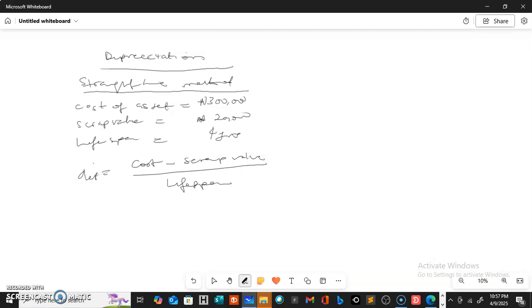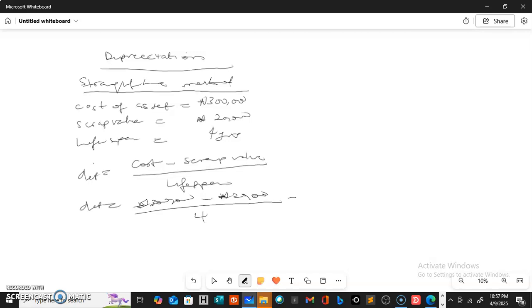So depreciation equals the cost, which is 300,000 naira, minus 20,000 naira, which is the salvage or scrap value, over 4 years.